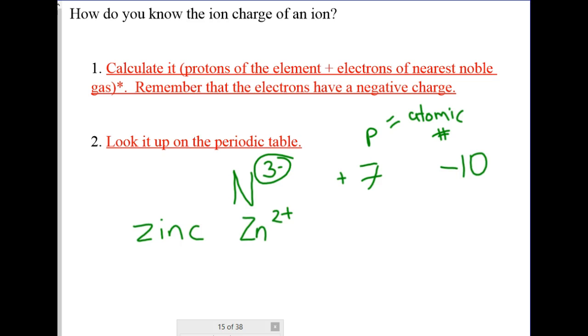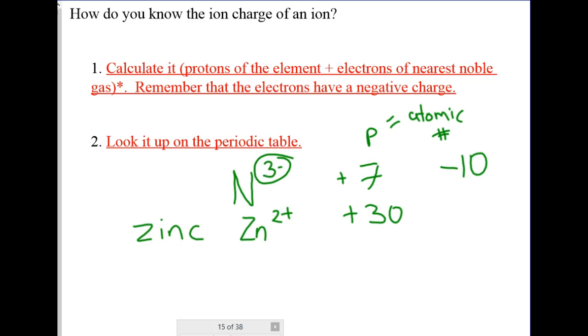Zinc is number 30 on the periodic table, which means it has 30 protons. Does that mean I'm going to have 28 electrons? Yes, 28.